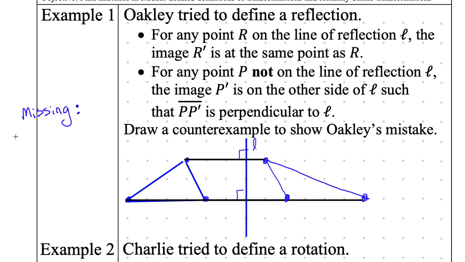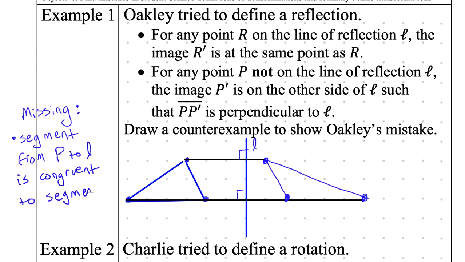So you can say that the segment from point P, because again we're assuming point P is not on the line, that's how Oakley is defining this, from point P to L is congruent to segment from L to P prime.